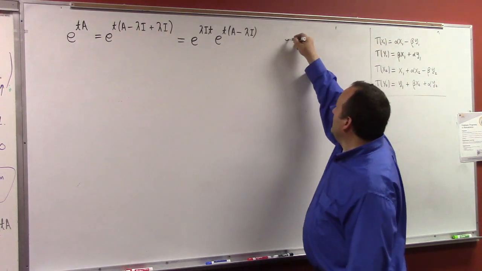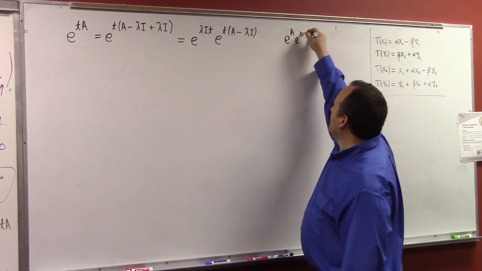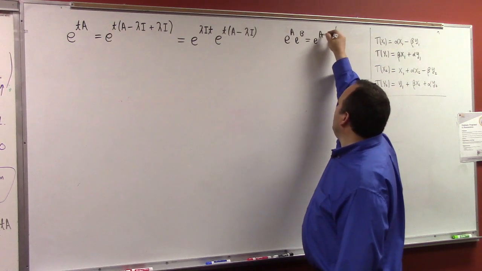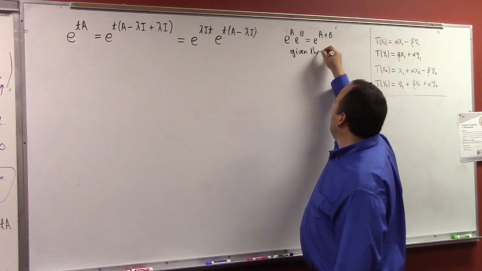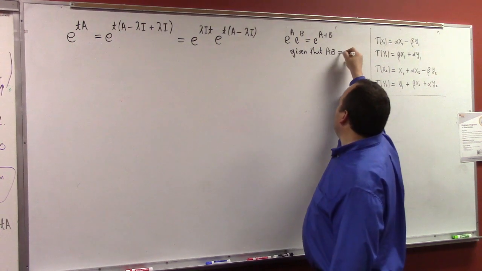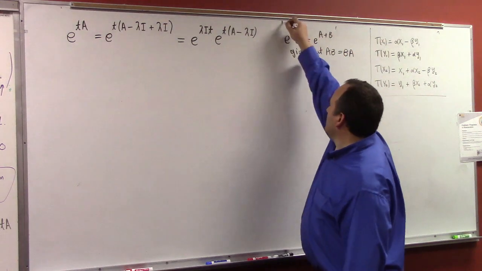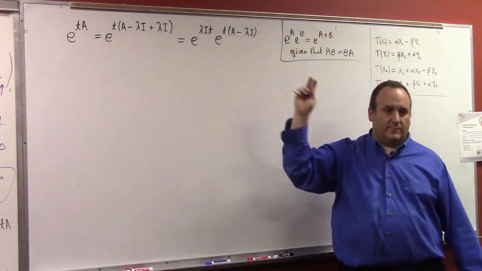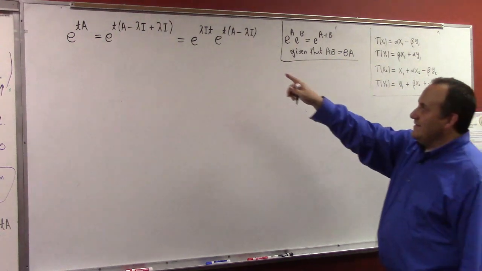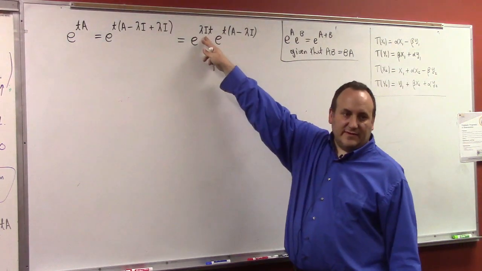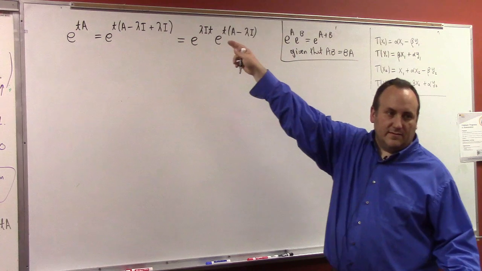So you can show that e^A times e^B is equal to e^(A+B) if you're given that AB is equal to BA. If you know that, it is true that the law of exponents holds for the matrix exponential. And because λtI is a scalar multiple of the identity matrix, that commutes with everything.